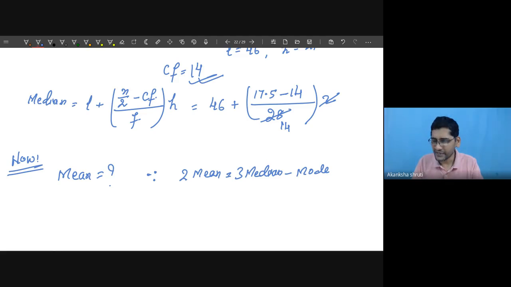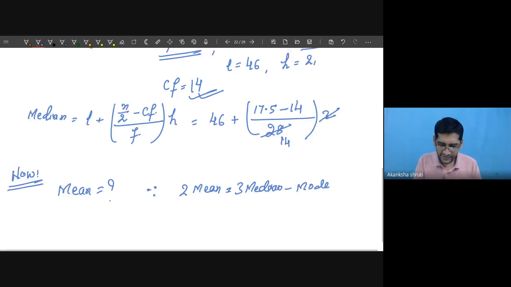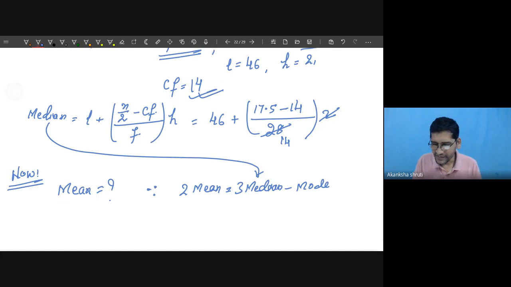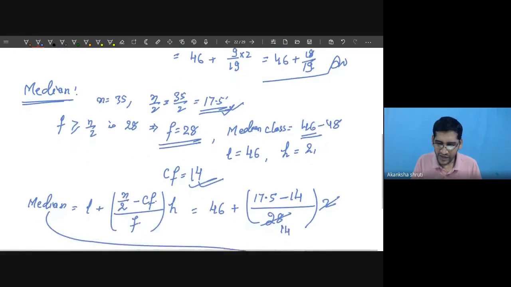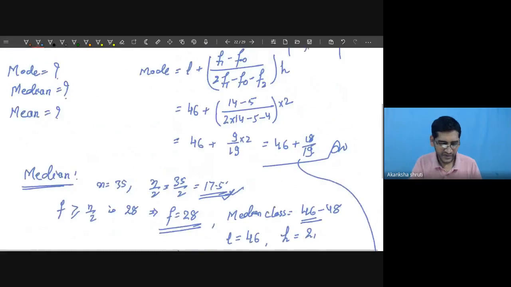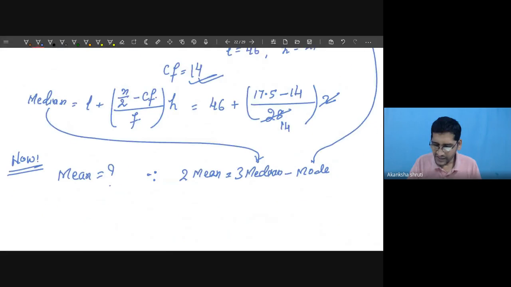We can write the formula directly. Whatever mean and median we have calculated, the median value has to be substituted from here, and the mode value from here. Students, this is the mode we have calculated. Then this entire expression has to be divided by 2 to get the mean. This way the mean can be calculated.